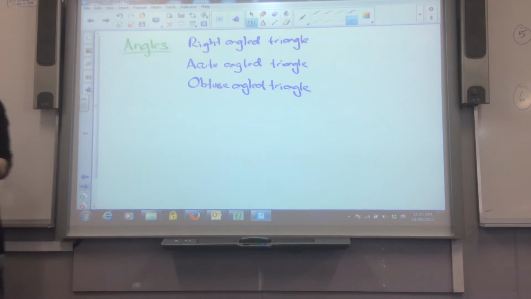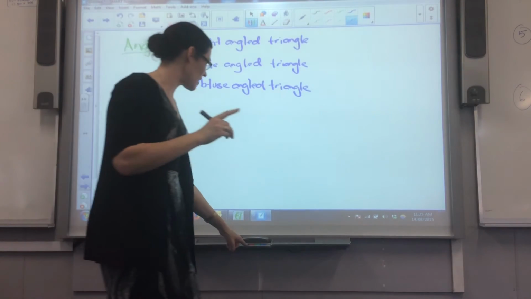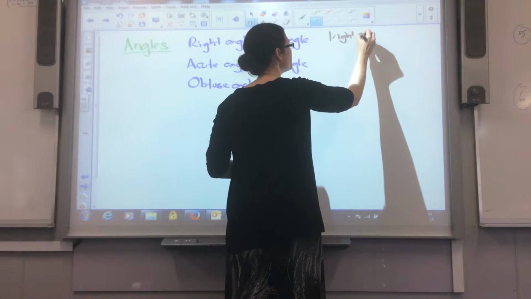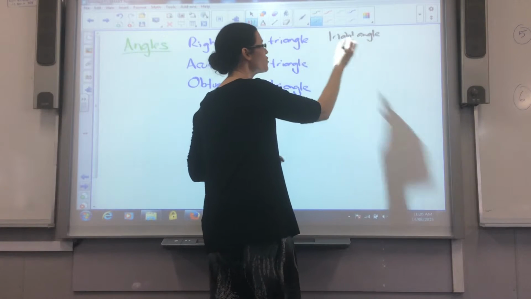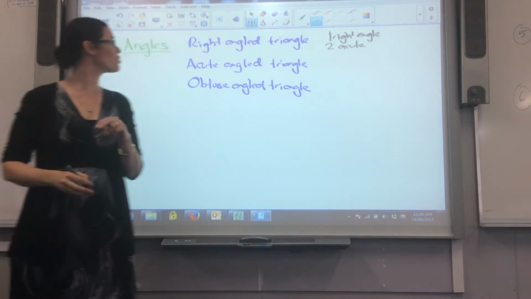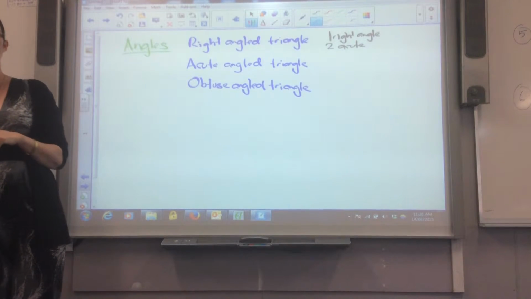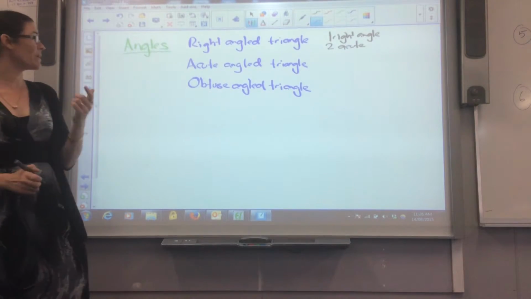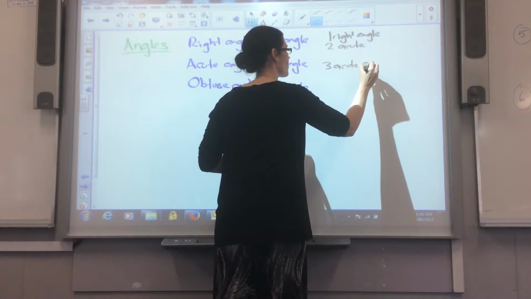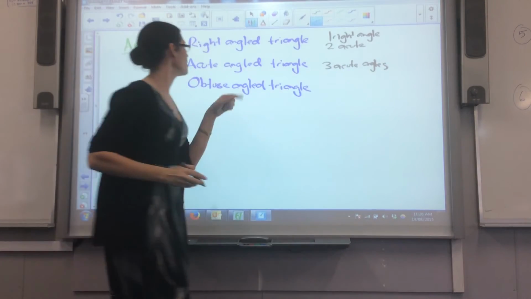Okay, now looking at these triangles, the right angled triangle has one right angle, and the other two are acute. Okay, so one right angle, two acute. An acute triangle has what? Three acute angles. What about an obtuse?